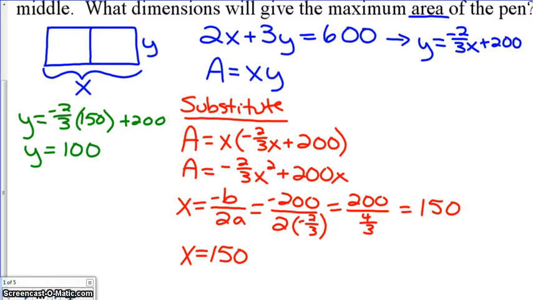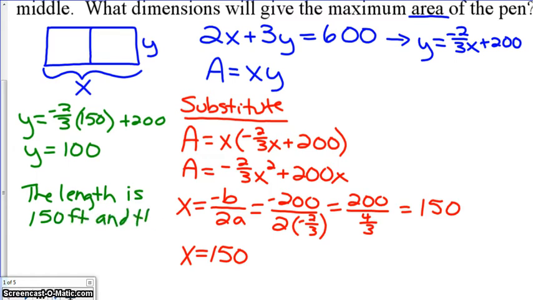The length of my pen is 150 feet, and the width is 100 feet to maximize our area of this pen. So we're applying what we've learned about our quadratic equations and the vertex of our parabola in order to find the maximum area for our pen.